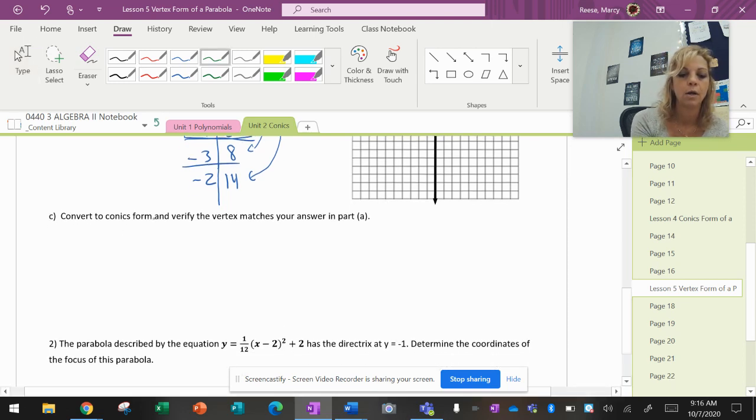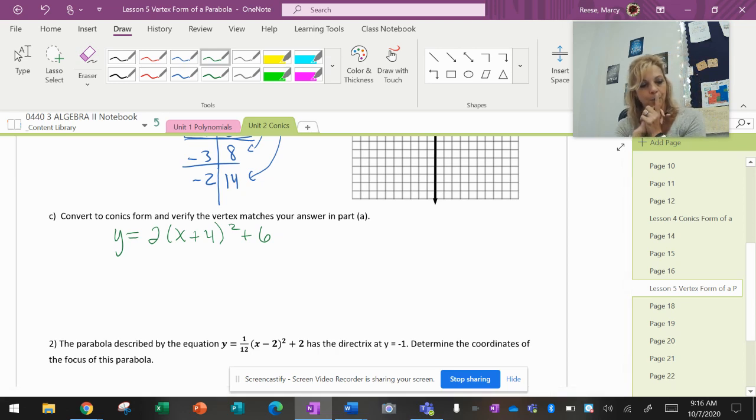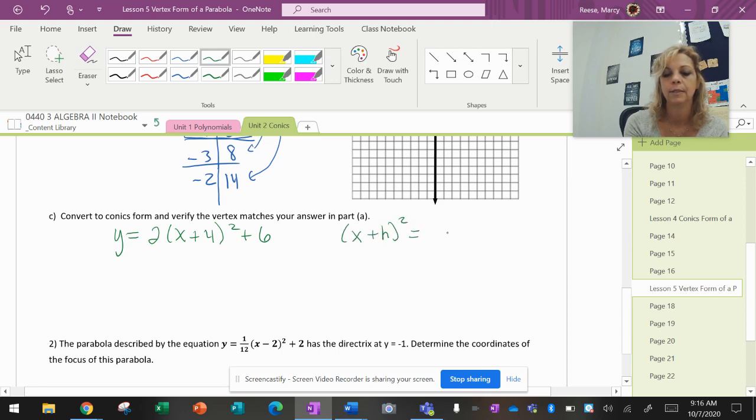So, like I said, let's convert to conics form and verify the vertex matches your answer in part A. So here is that formula that we have above. Now, I can look at that and I know that if I want to do it in the conic form, I'm going to write what I expect it to be.